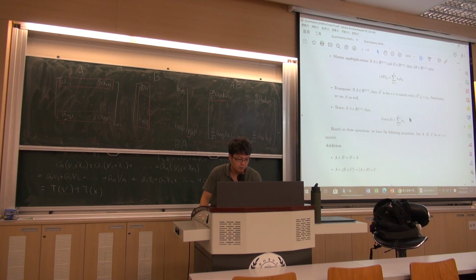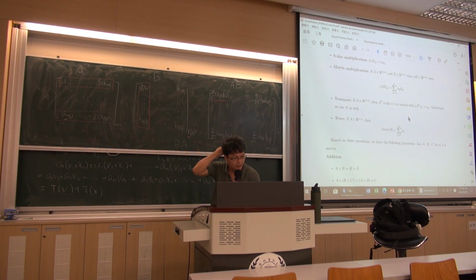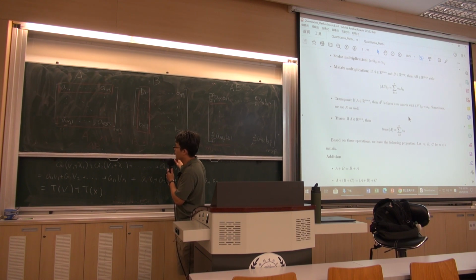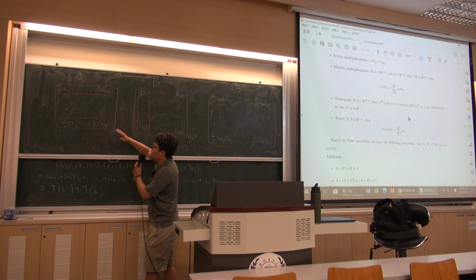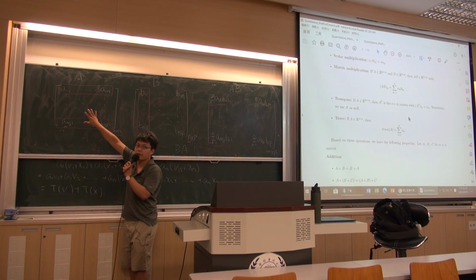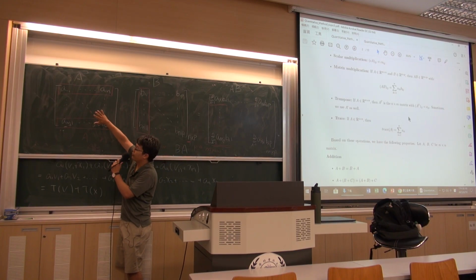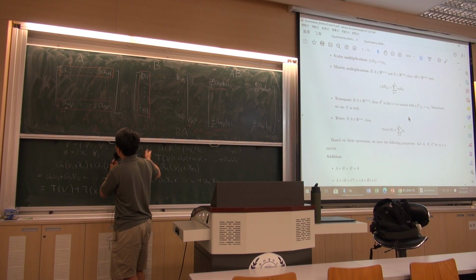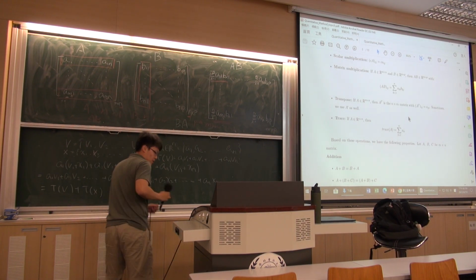Right. Let me go through this page very quickly. Then there is the transpose. So what is the transpose? Transpose is like we flip the matrix. Imagine this is a paper, and we just flip it. That would be a good practice to do here.